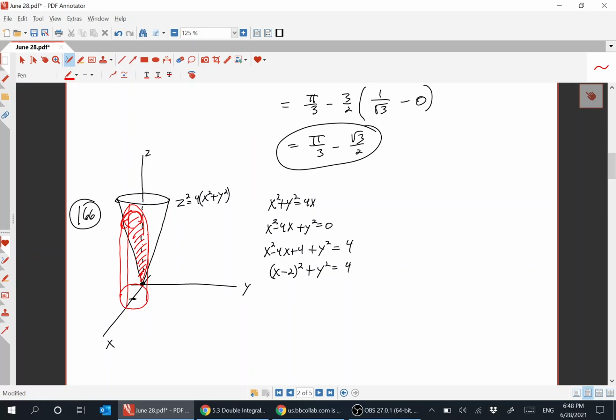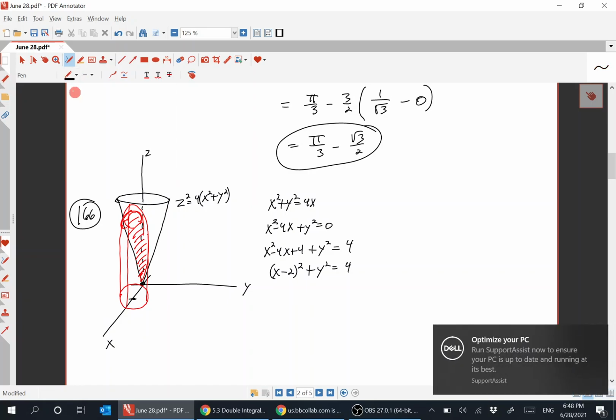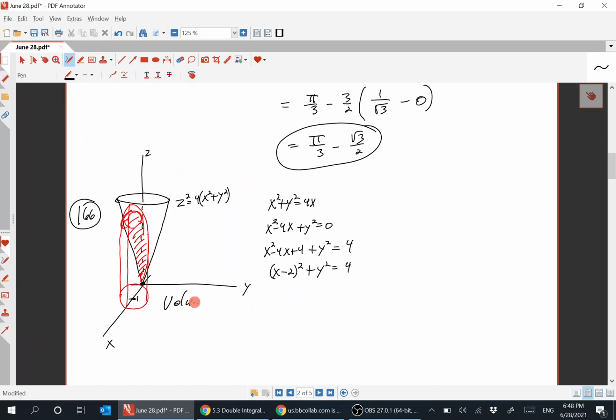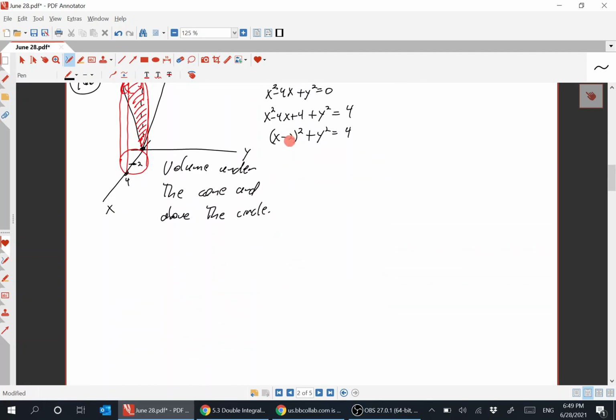So we want the volume under the cone and above this circle. This is 2, and this is 4. The circle we'll call D. So here's the circle D.